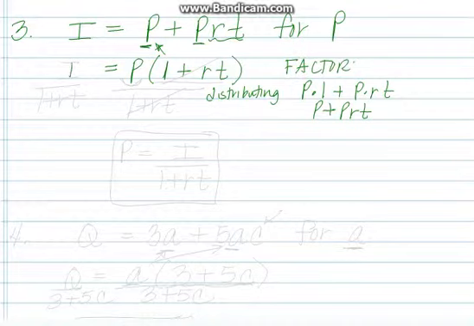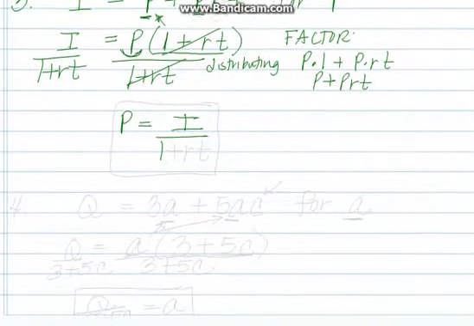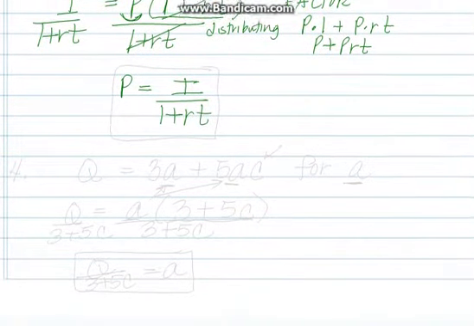So once we have that, we now have P in only one spot times this 1 plus RT. So if we want to undo that multiplication, we will divide. So we'll divide by 1 plus RT on both sides of our equation. That would make those reduce. So we end up that P is equal to I over 1 plus RT.